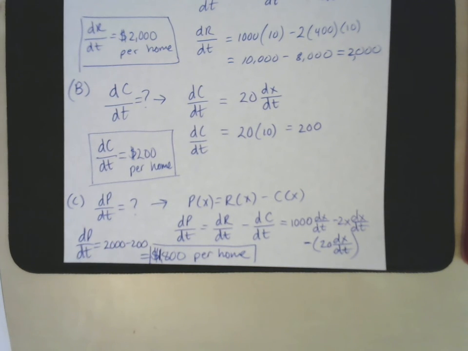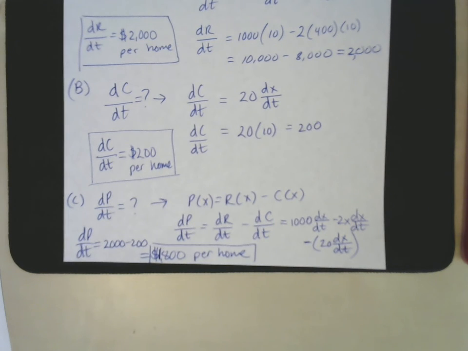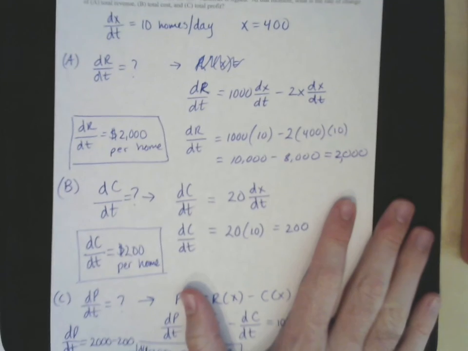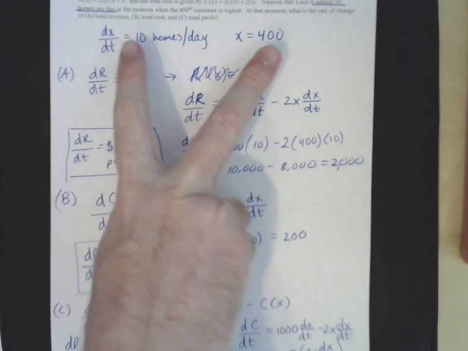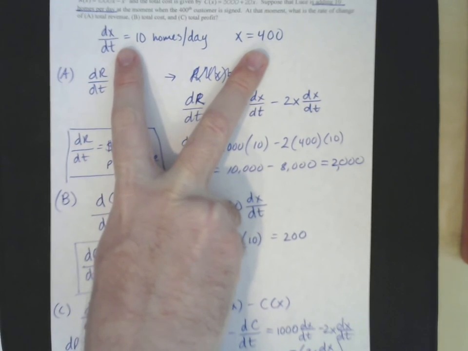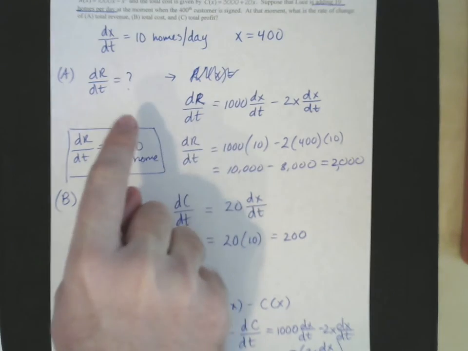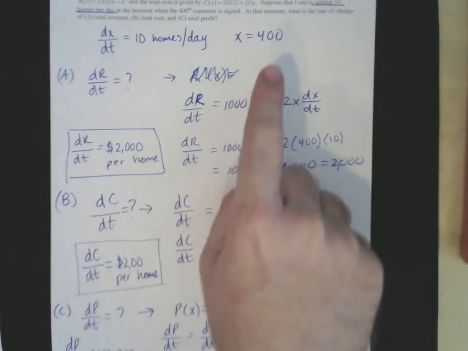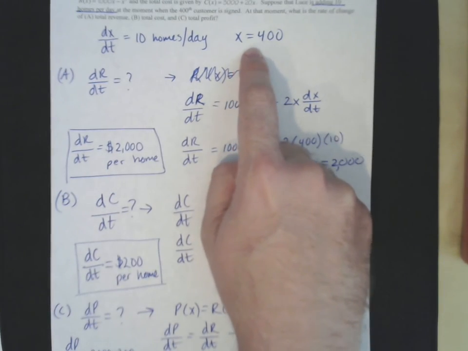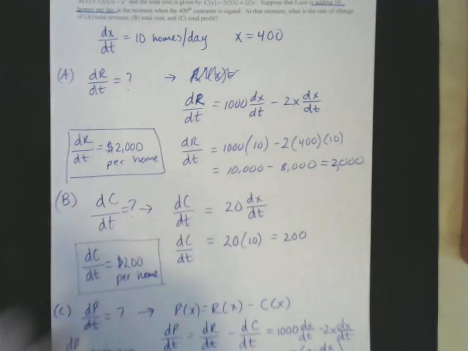And so we can use the revenue and cost to make the profit a little bit easier to calculate. But that's related rates. So again, the hardest part is making sure you identify your rates that you know, the rates you don't know, the variables you know, and then making sure you have the right equations.